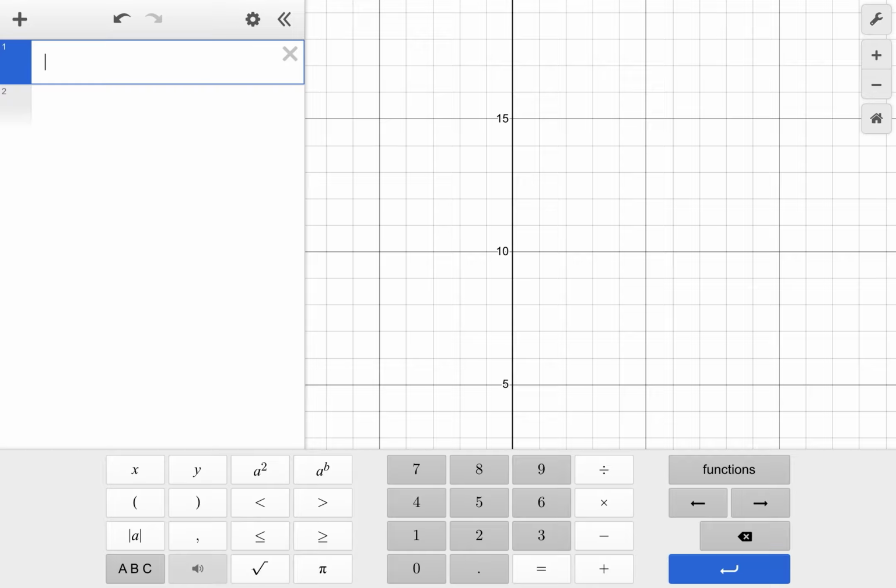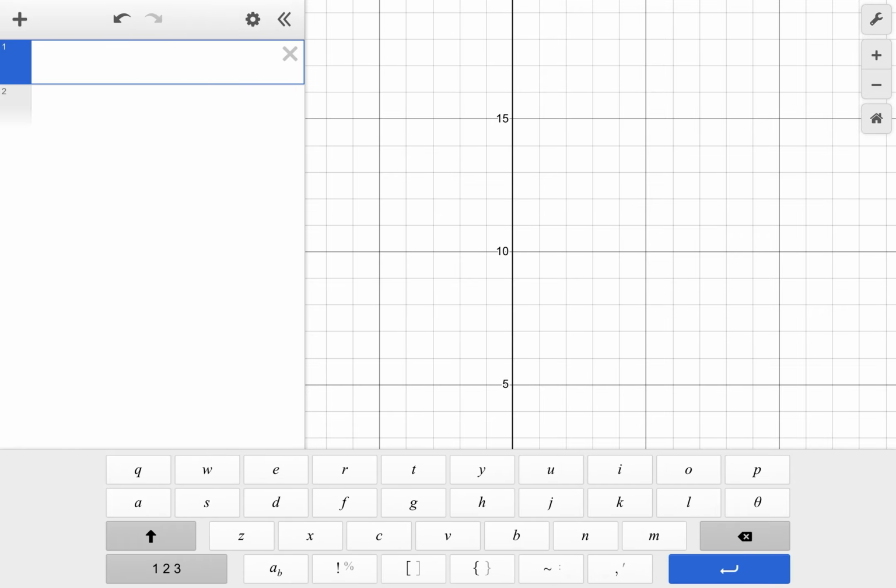Let's call x the length and y the width, right? Because, as we remember from the previous videos, you can't actually put the letter L here because Desmos doesn't accept that. So if x is the length and y is the width, how can we make an equation for the perimeter of a rectangle?